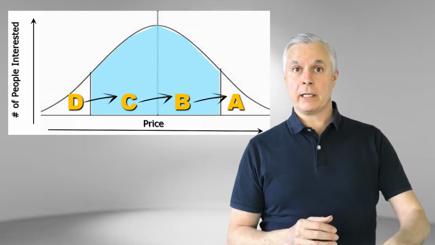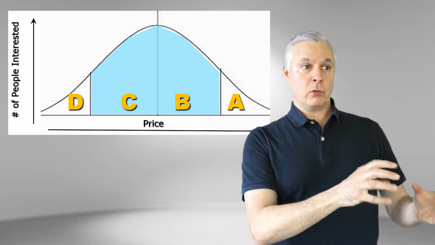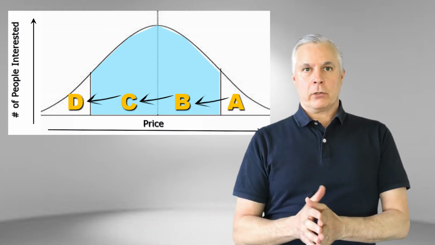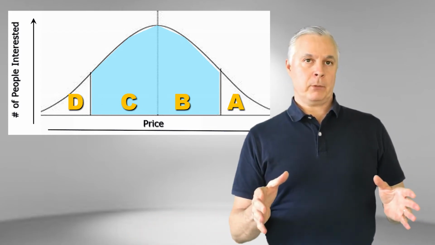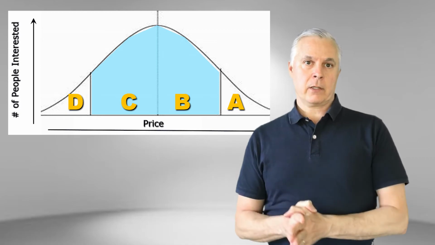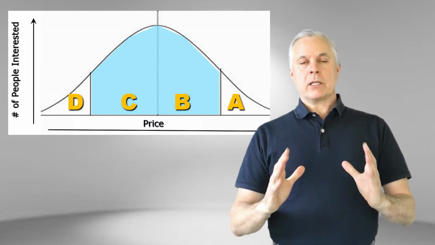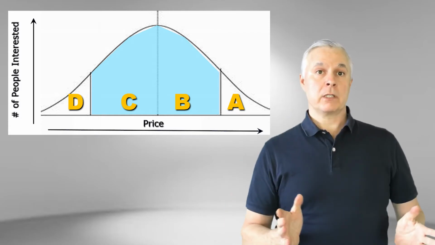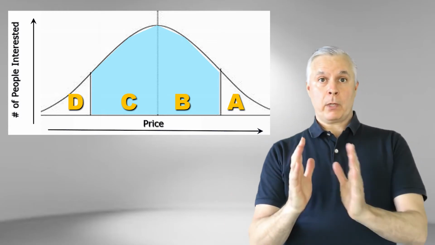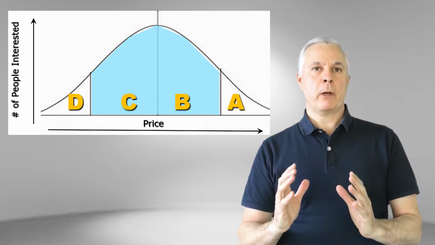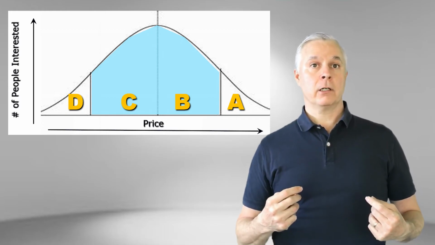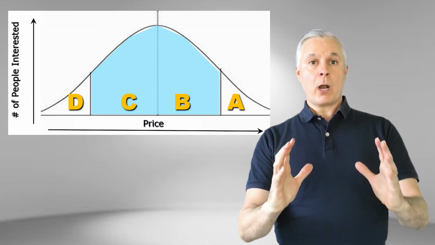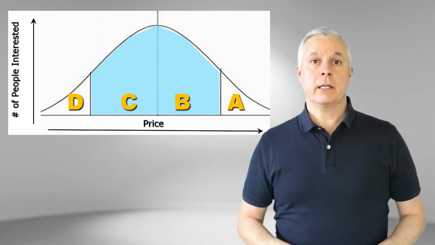In a declining market, the A residents move into a B property, the B to C, and C to D. When you look at the available pool of people in each of these classifications, the greatest number of potential renters are in the B to C area. Generally speaking, B to B minus to C plus is the greatest number of potential renters. I love the fact that there is a whole group of people that have the potential to rent from my properties in an up or down economy.